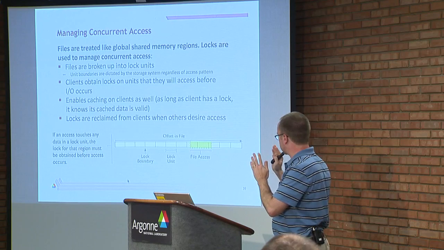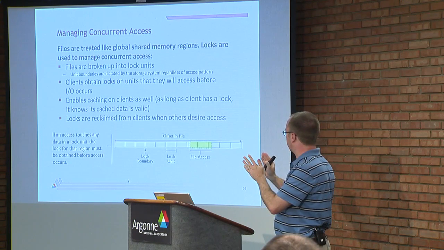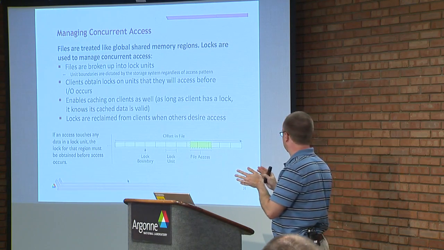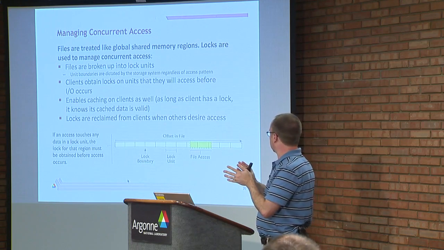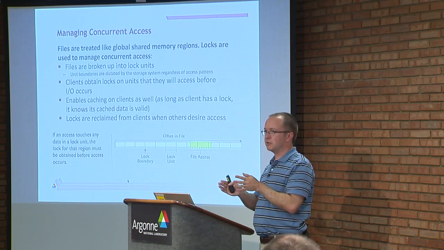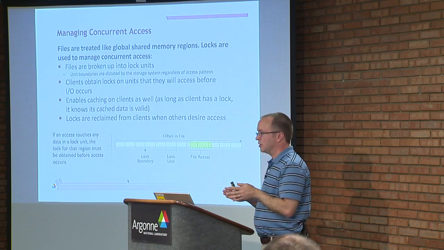But the important thing is that this lock unit, and we're talking about something on the order of a megabyte or 4 megabytes, if you access things exactly on that lock boundary, it's going to go faster.